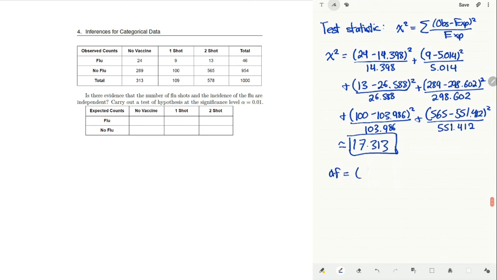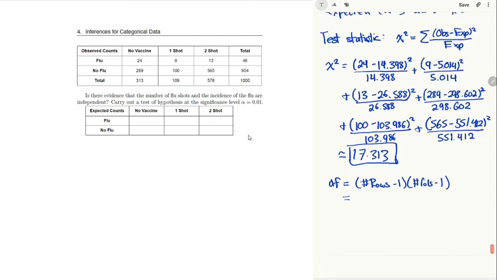So now we'll calculate the degrees of freedom. We'll take the number of rows minus 1, times the number of columns minus 1. Looking at our table, there are 2 rows and 3 columns.